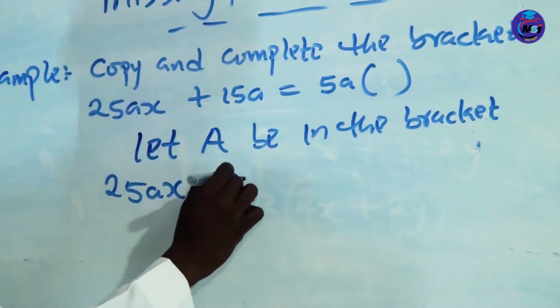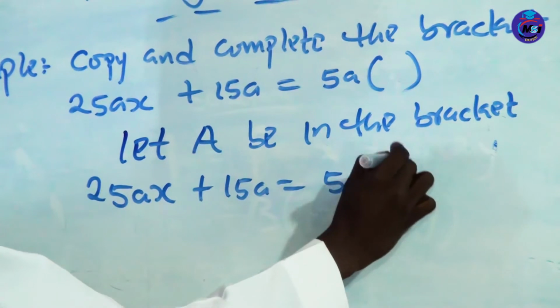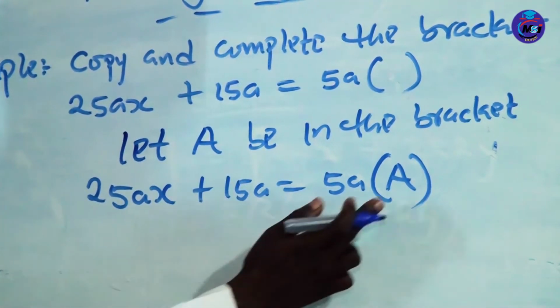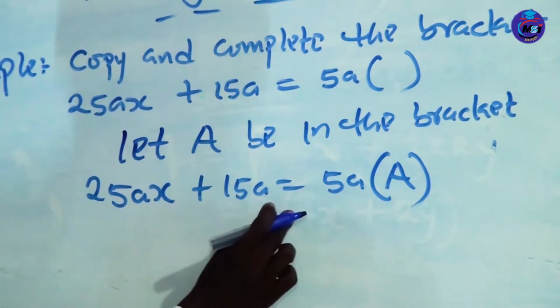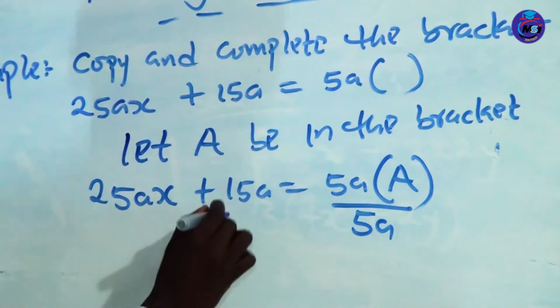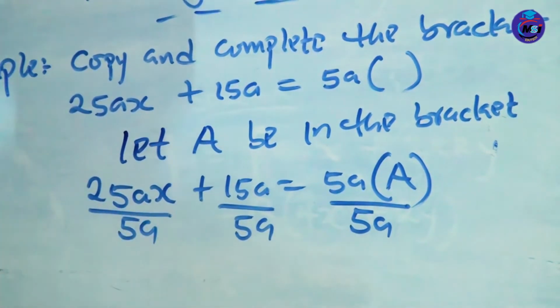25ax plus 15a equals 5a times A. Okay. Now, we are looking for A. You have to divide both sides by 5a. 5a, 5a, 5a.